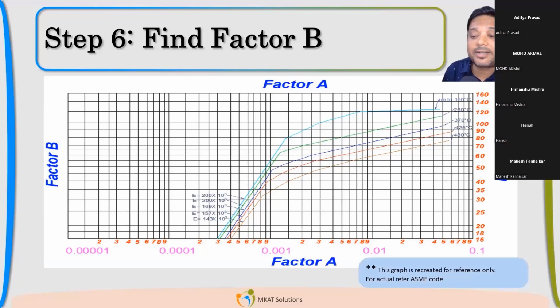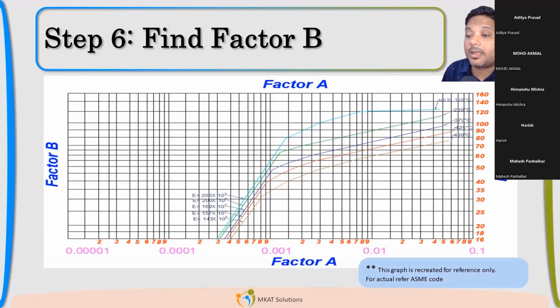Here we have factor A at the bottom, and the horizontal line will represent factor B. And there are lots of lines like this. These are temperature lines, and at each temperature line, the modulus of elasticity value is also indicated.